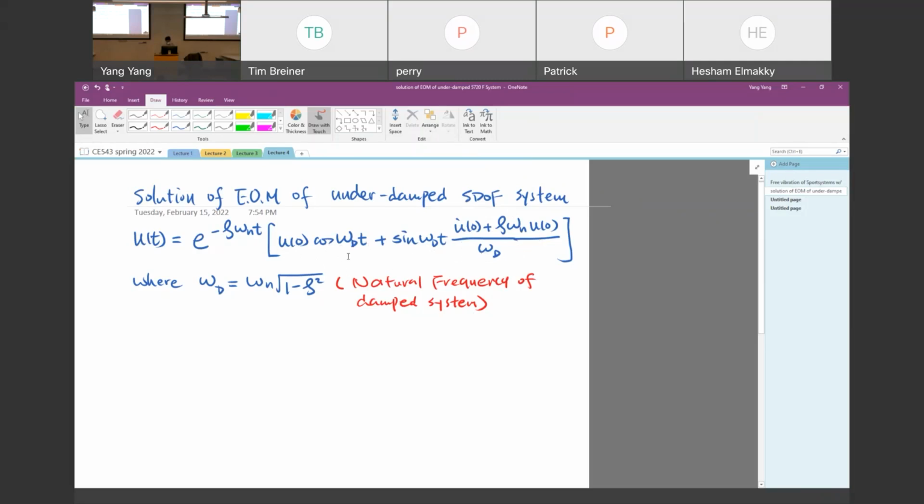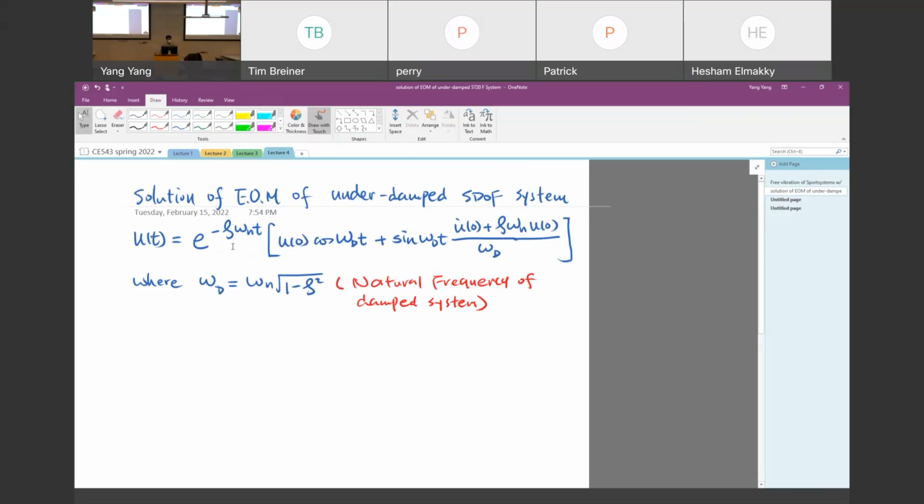So the term inside the parentheses is a sine wave, and the amplitude is different from the undamped case. And outside the parentheses, we have a term.